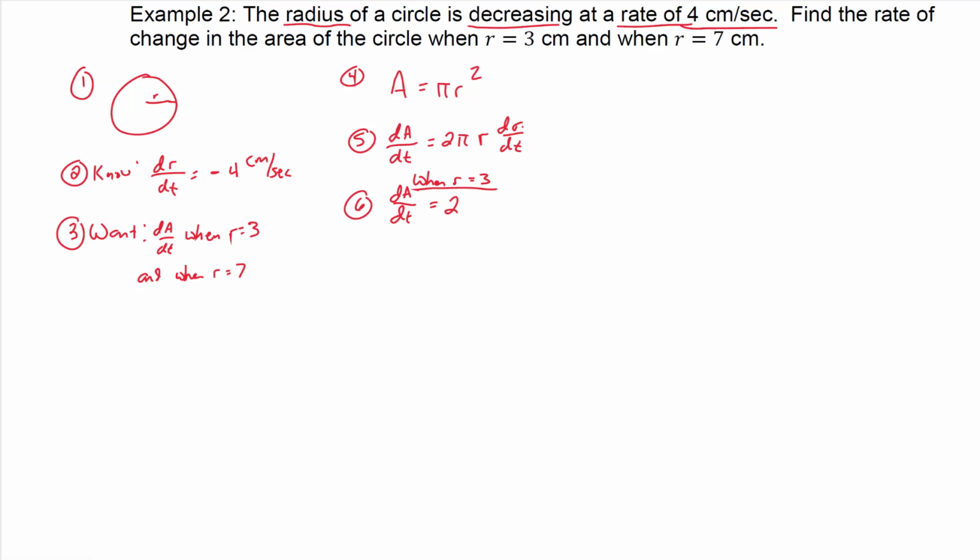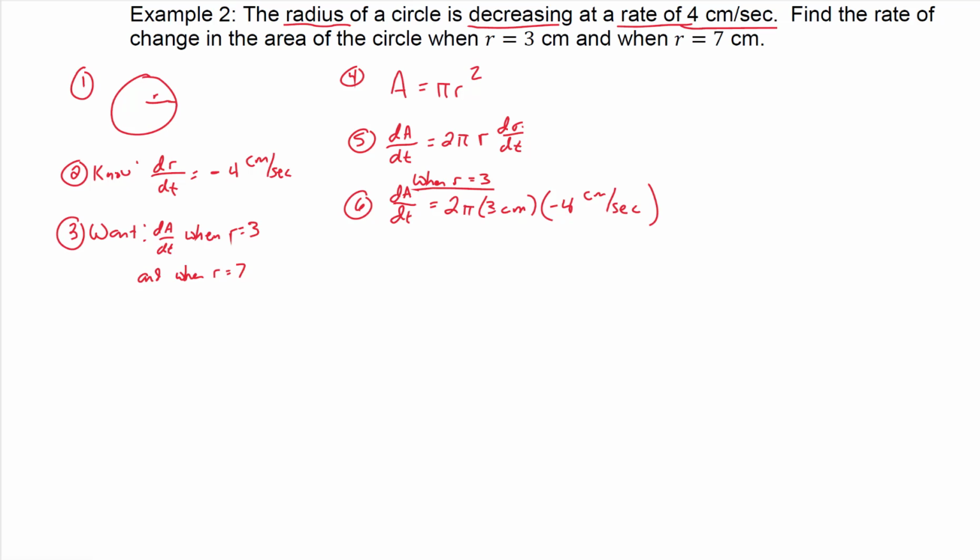When r equals 3, we have 2 times pi times 3. A good practice is to write your units in here as you're solving this. So 2 times pi times 3 centimeters times dr/dt, which we knew was negative 4 centimeters per second.